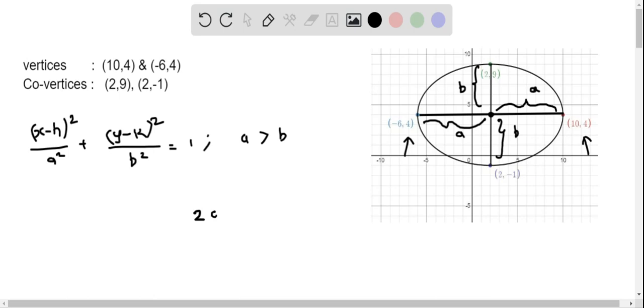So first let's calculate 2a. This 2a is equal to the distance between the points negative 6 comma 4 and 10 comma 4. We can simply find the difference, that is 10 minus negative 6, this absolute value equals 10 plus 6, which is 16.